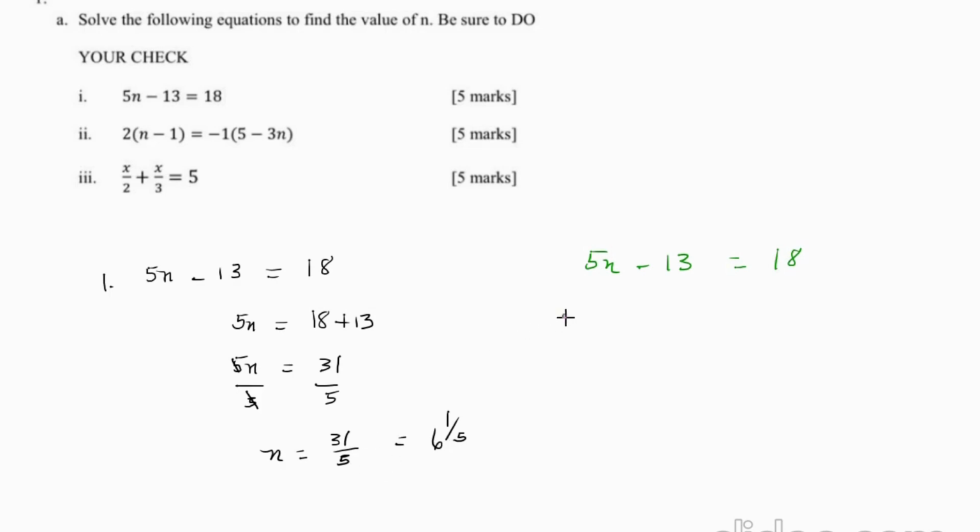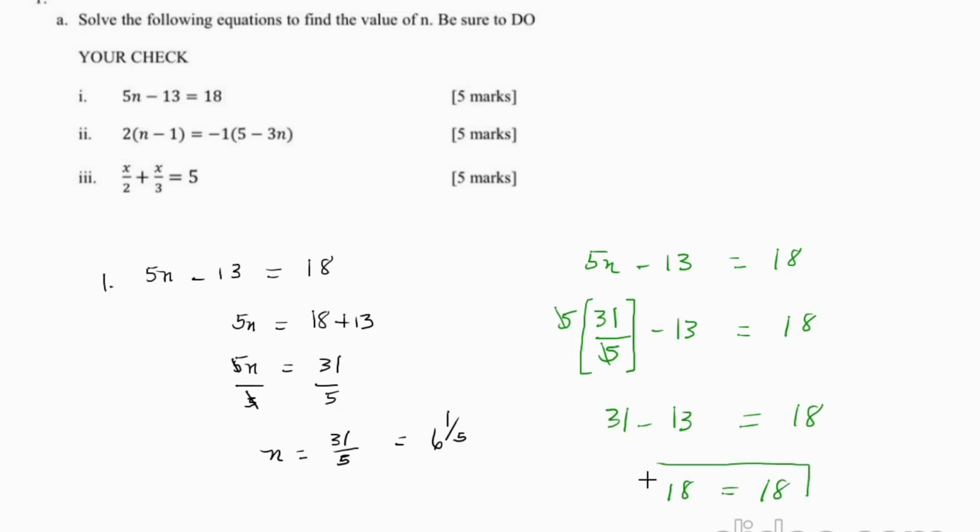So 5 multiplied by 31 over 5 minus 13 is equal to 18. We're multiplying here, so these cancel. So I'm left with 31 minus 13 is equal to 18. 31 minus 13 is 18. So you can see we have shown our checks. All right, we're good so far.